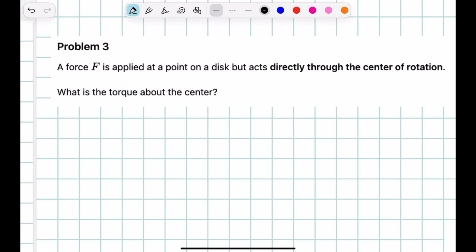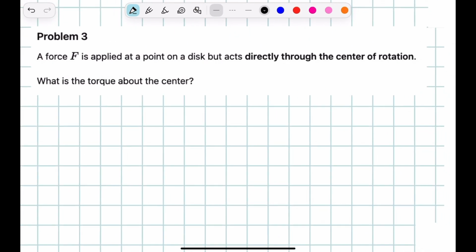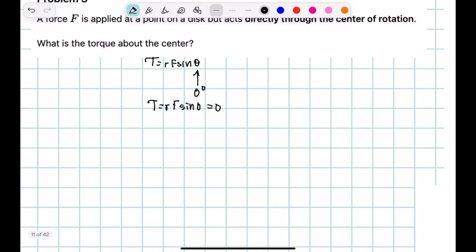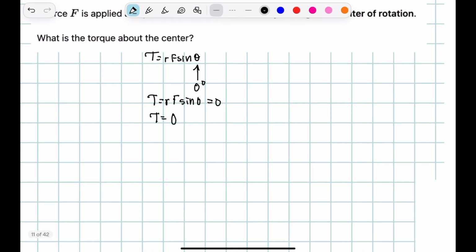A force F is applied at a point on a disk that acts directly through the center of rotation. What's the torque about the center? Again, torque is R F sine theta. That's equal to 0 here, and sine of 0 is equal to 0. So therefore we just have tau is equal to 0, theta is equal to 0.